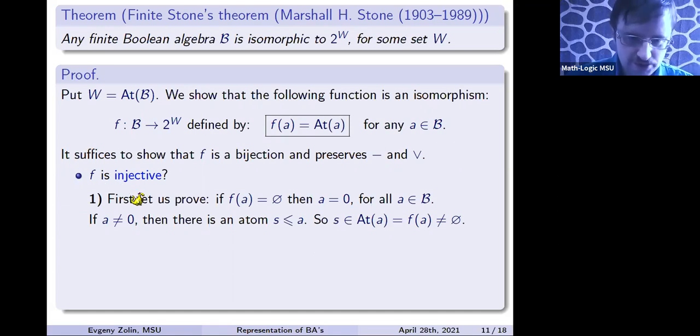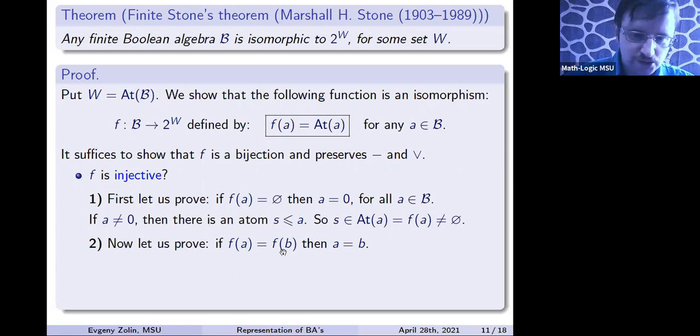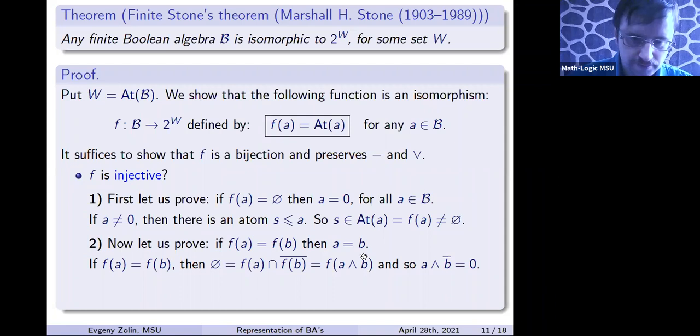Now let us prove directly the injectivity. What does it mean, injectivity? If two elements have the same image, then they are the same. If they have the same image, so one set is equal to another set. Then this means that if we take the first set and the complement of the second set, then the intersection is empty, of course. If two sets are equal, then any set together with its complement is of course empty.